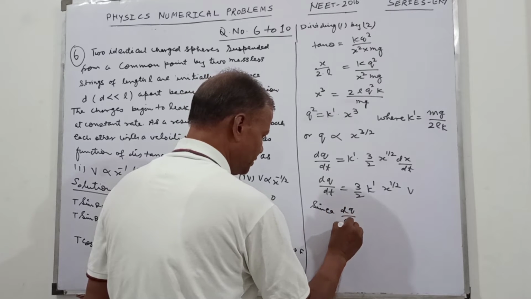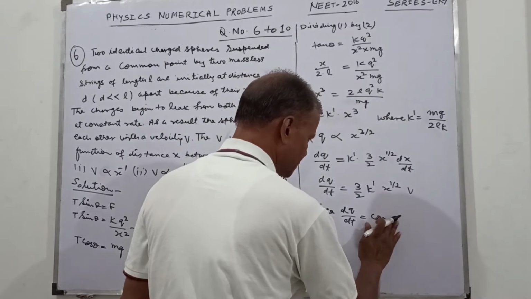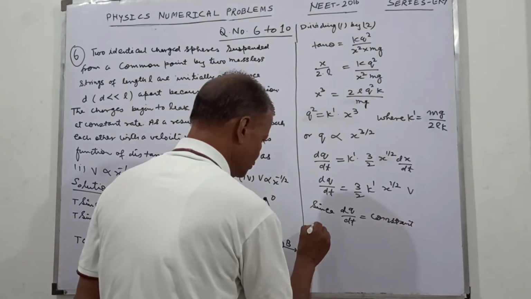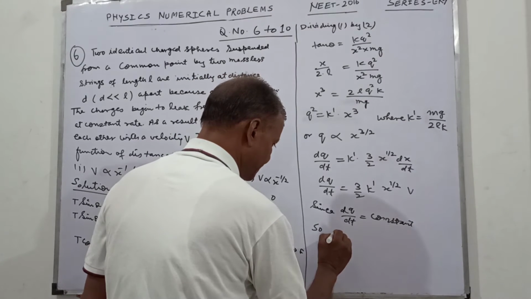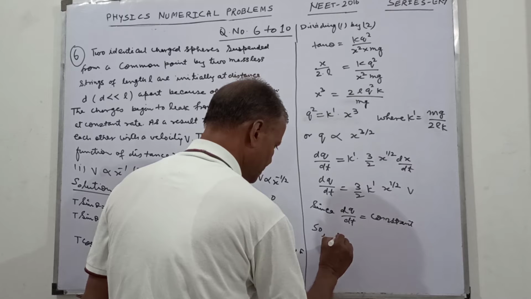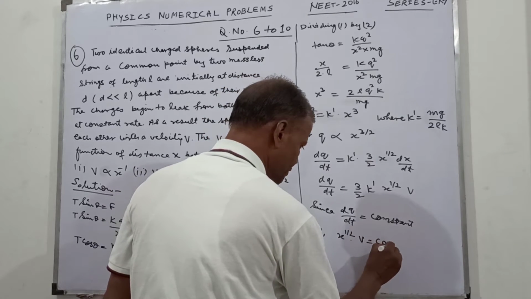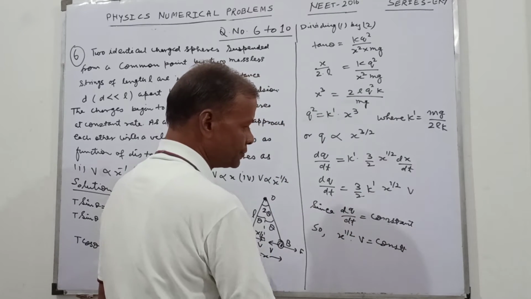Since dq upon dt is equal to constant, so 1 by 2 into v, this is equal to constant, because all these quantities are constant.